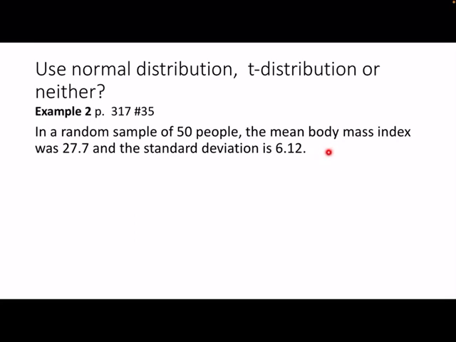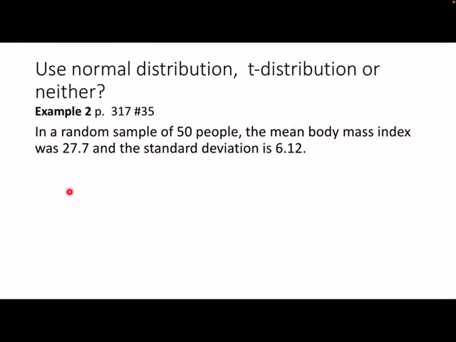All right, we need to know normal distribution or t-distribution. Now look at the way, they should have also had units here, which, anyway, we need to know if this standard deviation is a sample or the population. Now, notice the whole sentence talks about the sample. Like, in a random sample, 50 people.